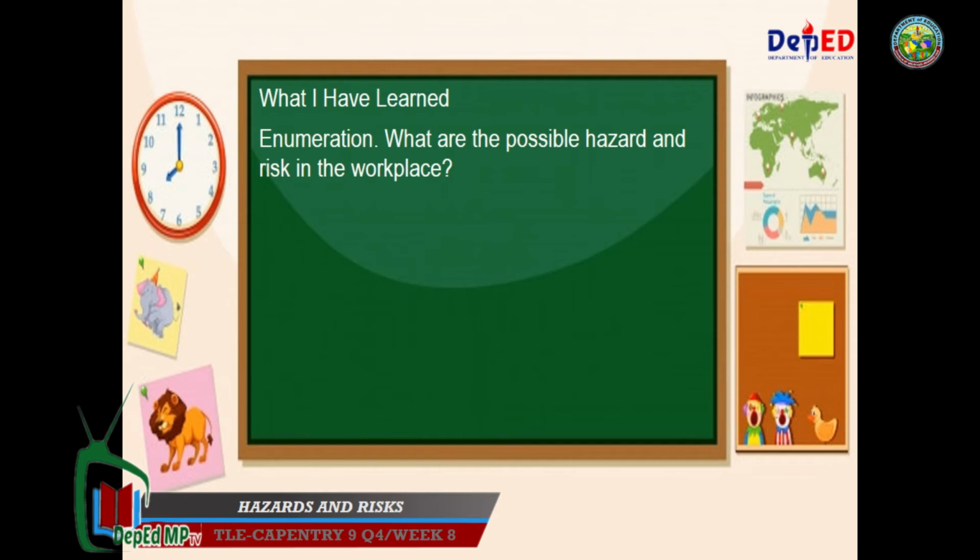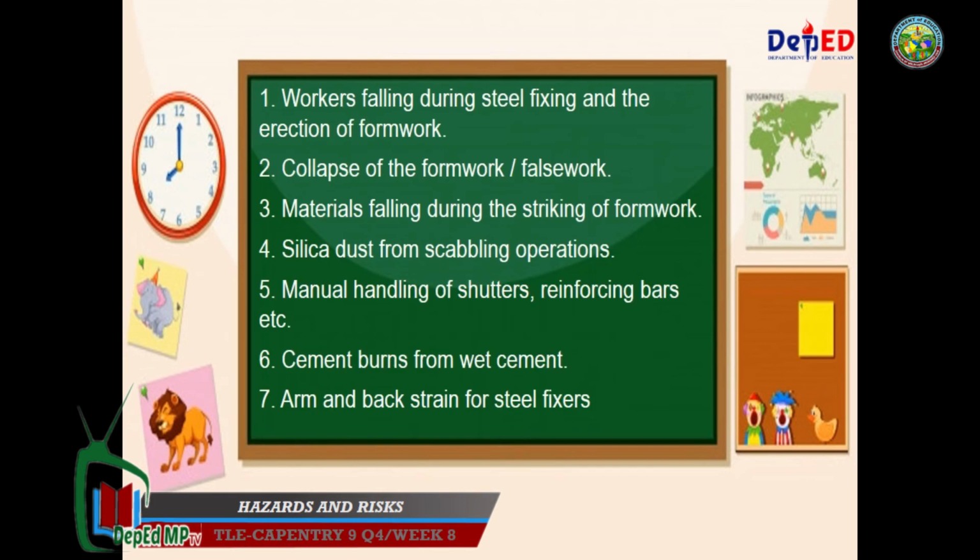Okay, good luck. Okay, let's try to answer. Number 1. Workers falling during the steel fixing and erection of formworks. Number 2.